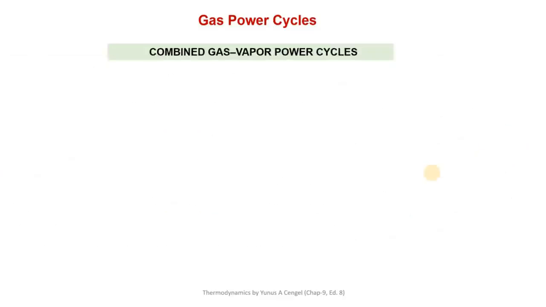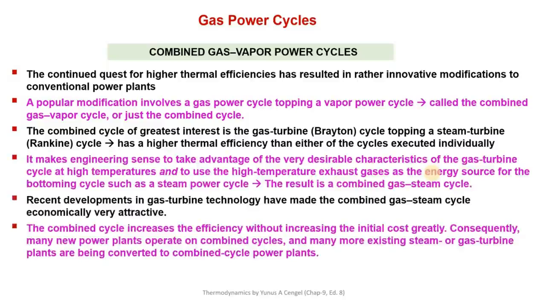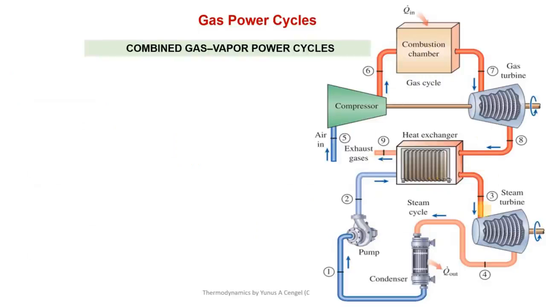Next topic is the combined gas power cycle. I will not read these details, we will just describe it with the help of this diagram. To further increase the thermal efficiency of a thermal power plant, whether it's a gas power plant or steam power plant, here is one way.